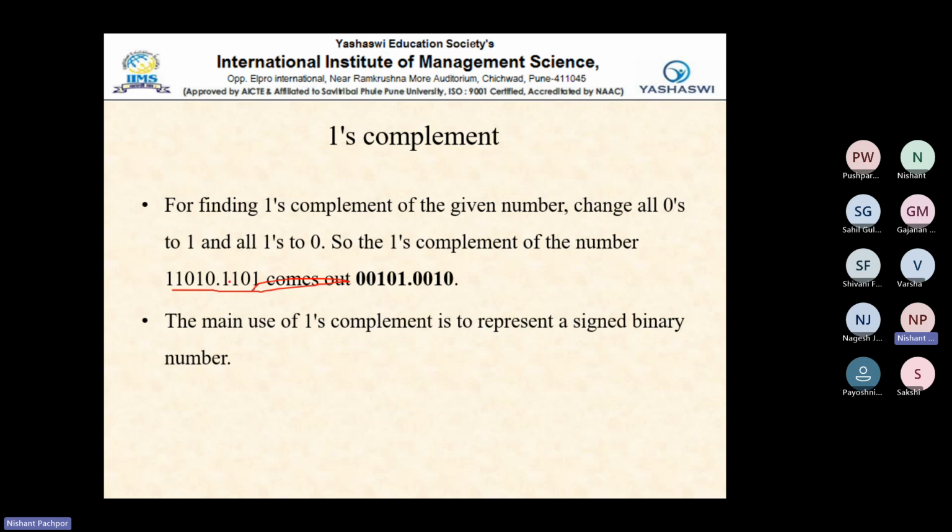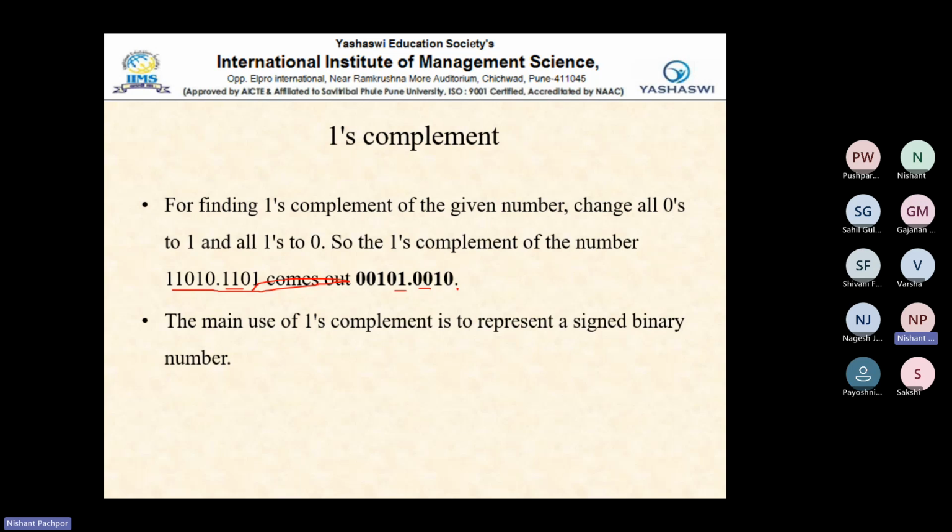The first one becomes zero, the second one becomes zero, the third is zero so it becomes one. The fourth is one, so it becomes zero. The fifth is zero, so again it becomes one. Then the dot is as it is, and after that the ones are converted to zero, the zero is converted into one, and the last one is converted into zero. This is called a ones complement.